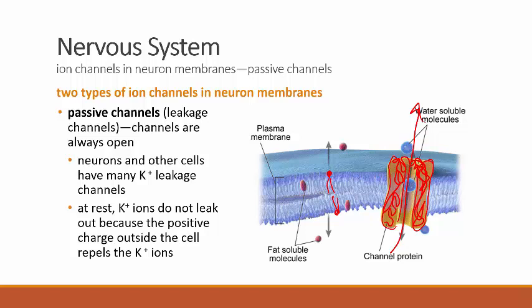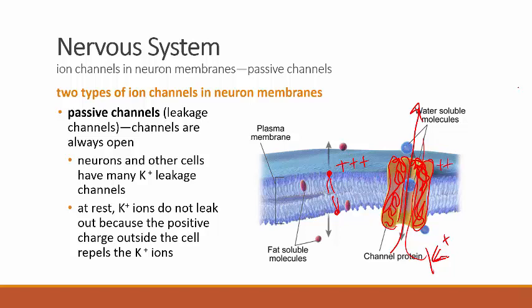Now at rest, because the exterior, let's pretend that this is the exterior, has so many sodium ions, there's a lot of positive charge out here. So in general, potassium ions don't diffuse out through these leakage channels because there's so much positive outside that it kind of repels. So the likelihood of an ion moving out is always going to be this balance between the chemical gradient, the concentration gradient of the ions on one side versus the other.